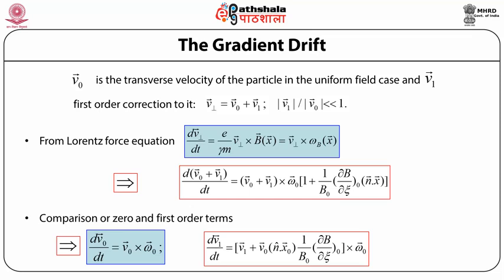The first is the equation for the unperturbed motion. In the second, only the first order terms are retained consistently. So V1 cross omega naught into 1 divided by B naught into del B divided by del zeta naught into n dot x, being a second order term in perturbation, is ignored.